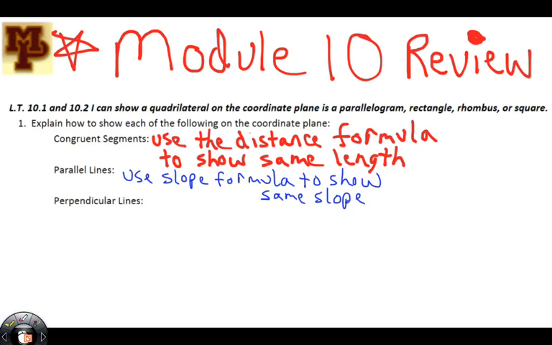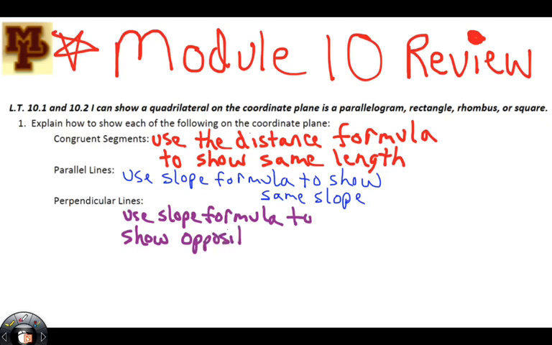Perpendicular lines, what we would do is use the slope formula to show opposite reciprocal slopes.